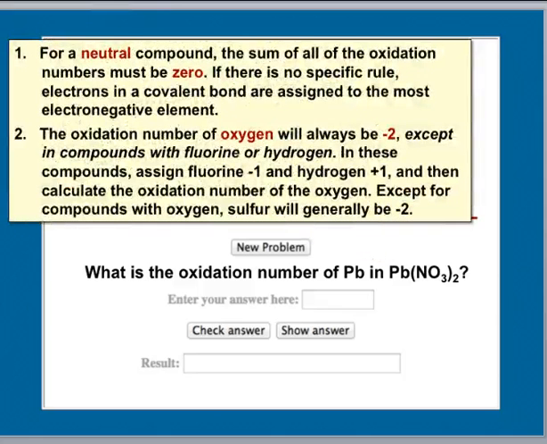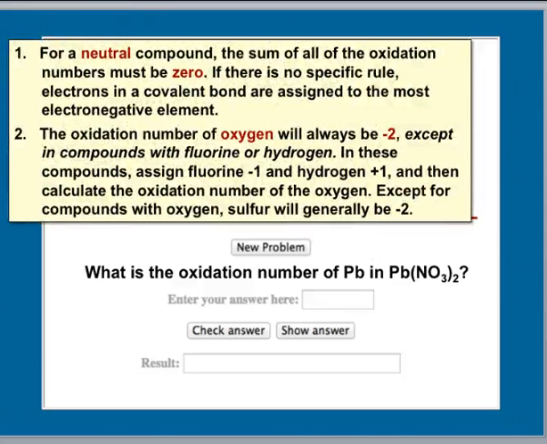Now here's the rule. Remember, we've got to add up to 0. Let's look at our nitrate one more time. The tutorial doesn't make you do this, but what's the oxygen going to be in our nitrate? It'll be -2, won't it?